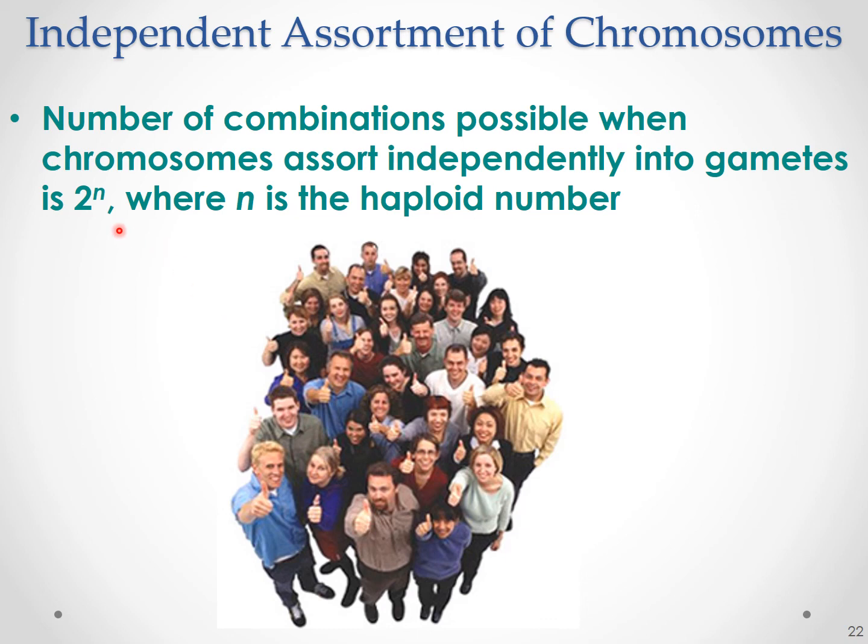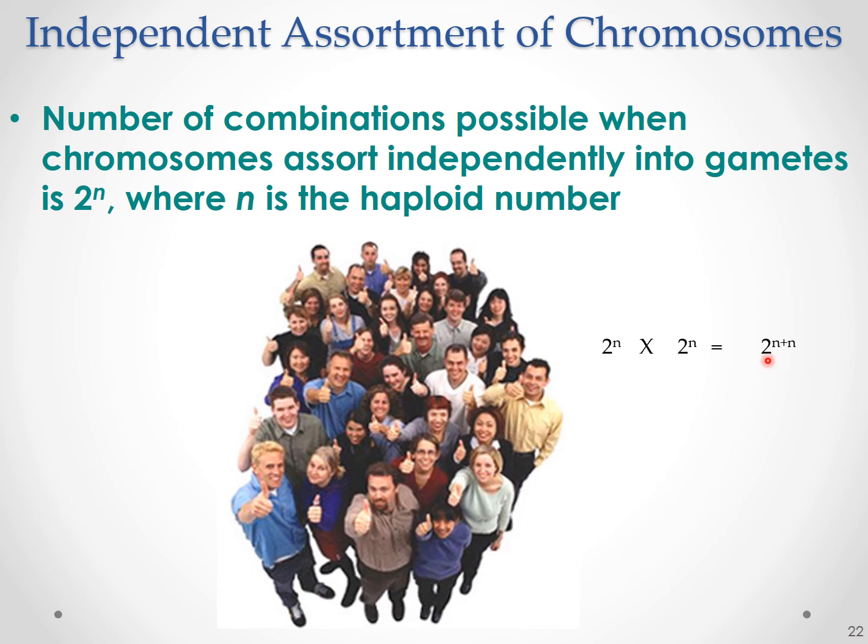Remember, there are going to be 23 pairs of chromosomes lining up at the equator. 2 to the n represents the number of variations for one individual, and then another individual can contribute 2 to the n possible combinations of variation. Combining the two, that's 2 to the n plus n, so that's 2 to the 46 different combinations upon a mating that contribute to the variation.